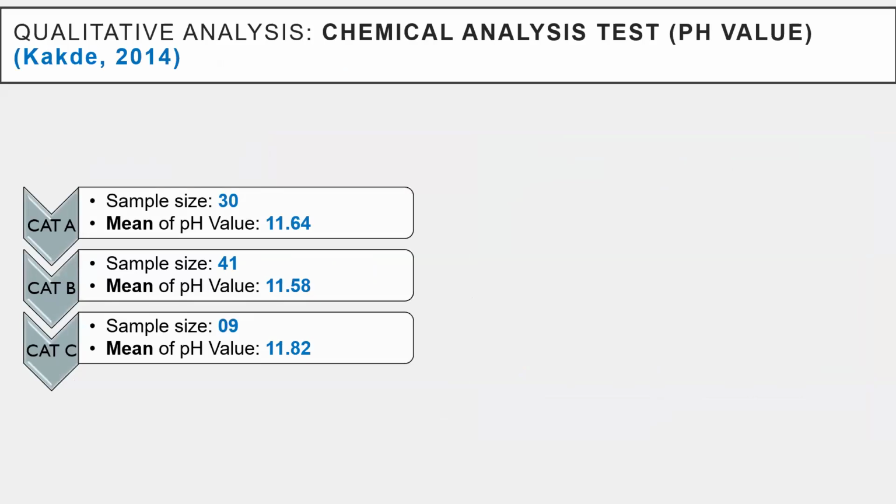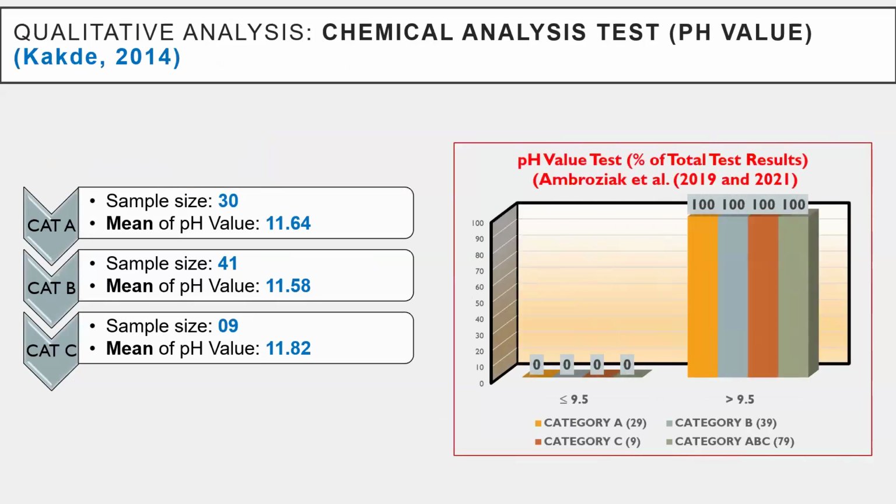30, 41, and 9 samples were considered for category A, B, C buildings. Now there is one paper by Kakade et al. 2014, and another paper by Ambrosiak et al. 2019 and 2021.